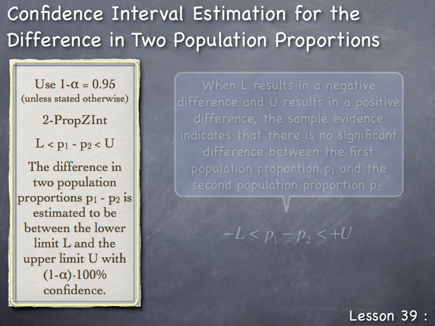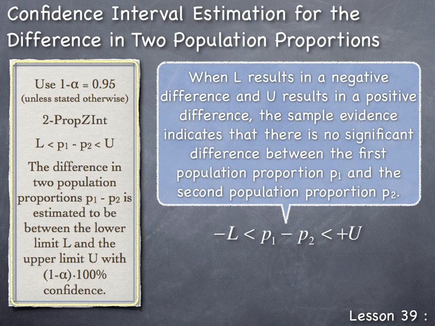The other situation is when the L results in a negative difference and the U results in a positive difference. In this case, the sample evidence indicates that there is no significant difference between the first population proportion, p1, and the second population proportion, p2. If there is no significant difference between these proportions, then p1 and p2 are the same proportion.